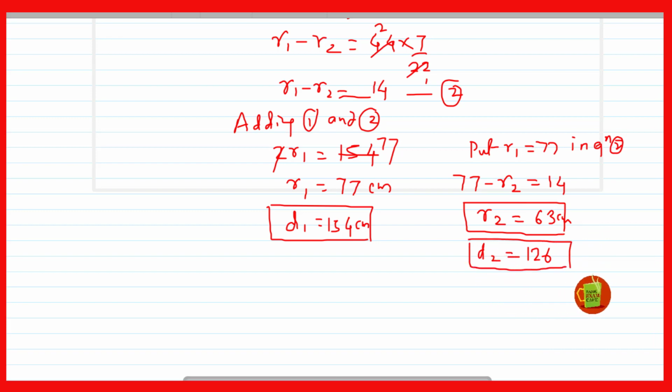So you have got the diameters of the two circles as 154 centimeter and 126 centimeter.